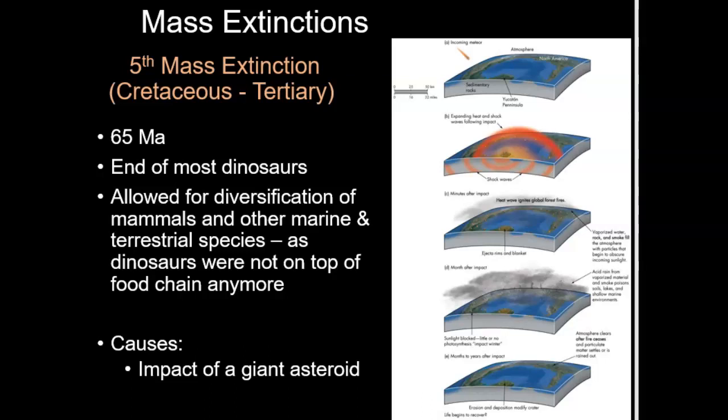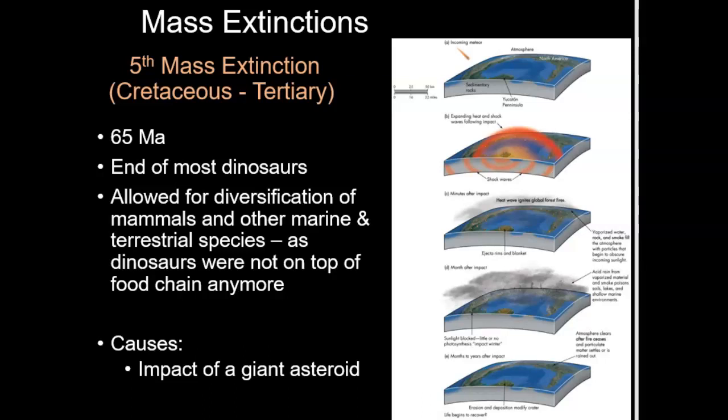If you have smaller fragments, just like the ashes from volcanic eruptions, they're going to reflect the solar radiation back to space, and they're not going to let it infiltrate the Earth. So they're going to cause global cooling and winter-like conditions, which did not help those species that had somehow survived the blast, the fires, and the acid rain effects.